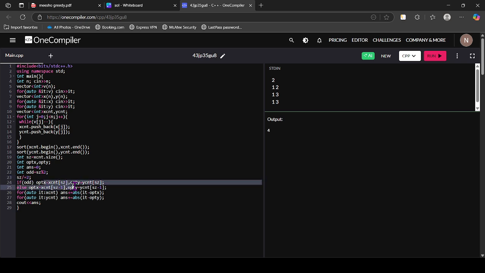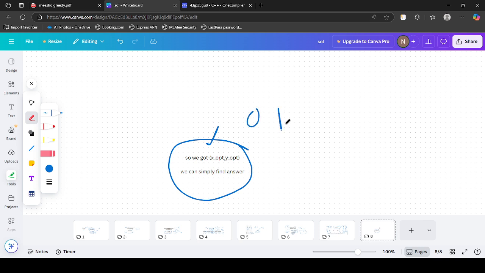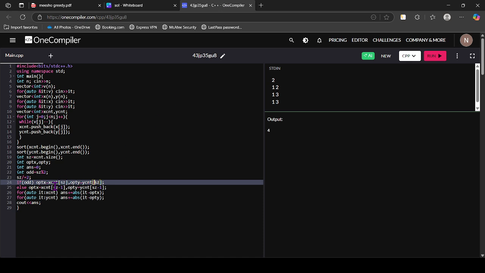So optimal x is x of size by 2 and optimal y is y of size by 2. If it is even, we can consider either one. The values are 0 1 2 3, and the size is 4, so size by 2 is 2. Let's assume we take the other one, so it will be index 1, which is size by 2 minus 1. So it will be x of size by 2 minus 1 and y of size by 2 minus 1.